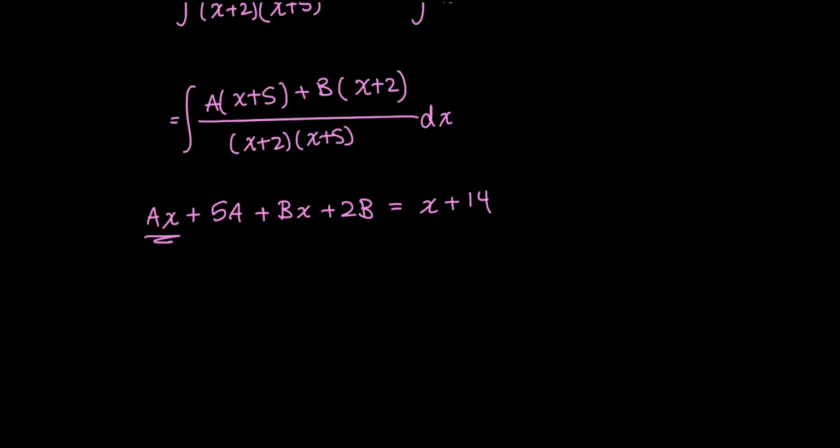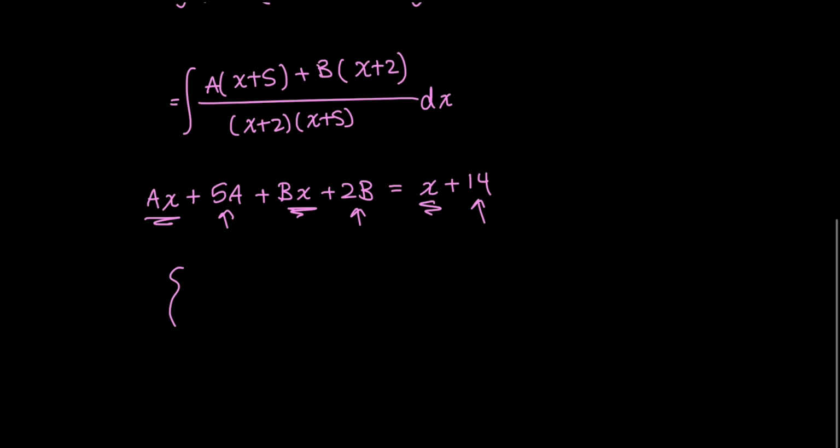So any term containing x will be equal to each other, and then any 0 degree term will be equal to each other. So I end up with A + B = 1, and then 5A + 2B = 14.